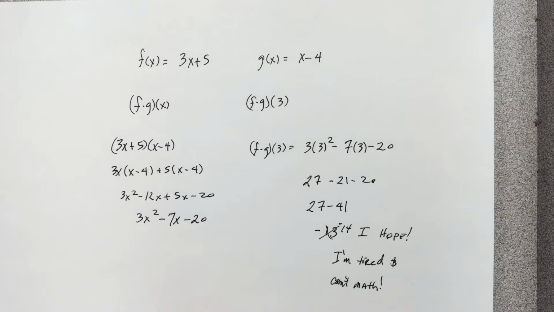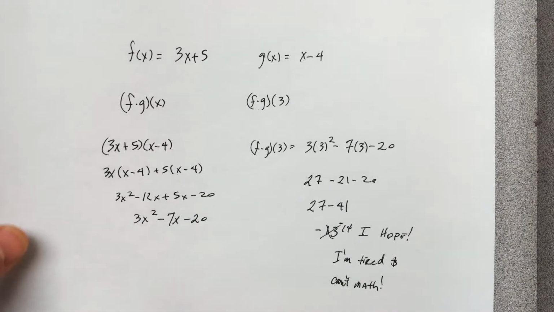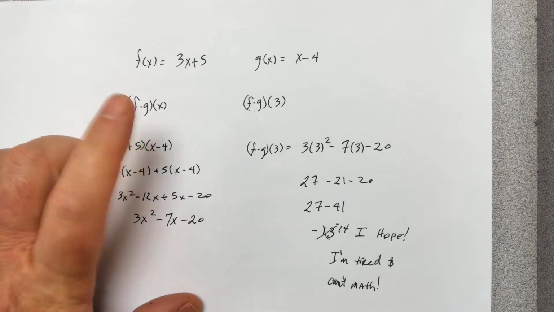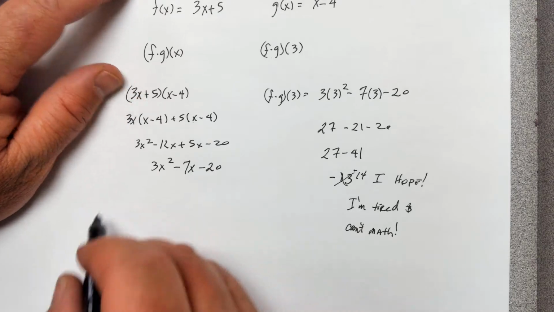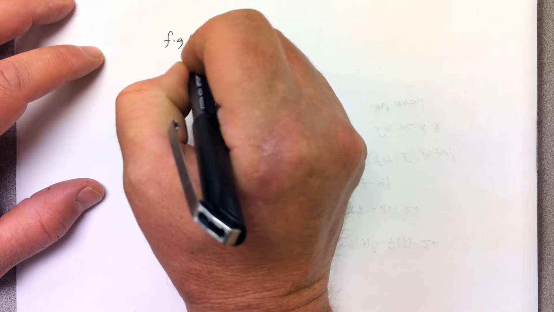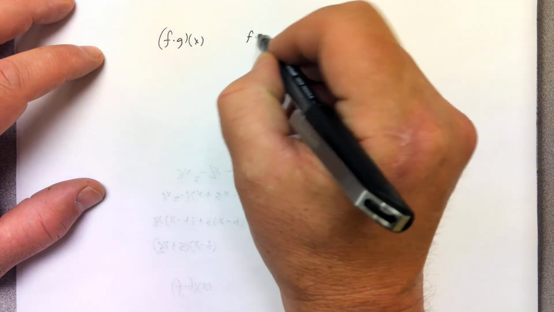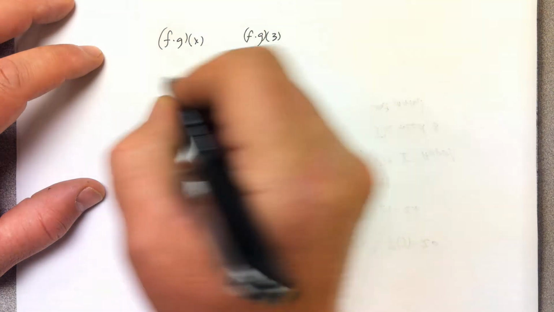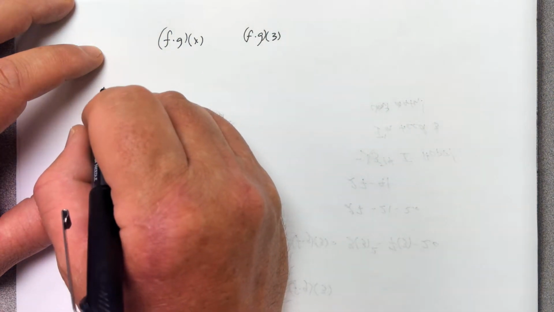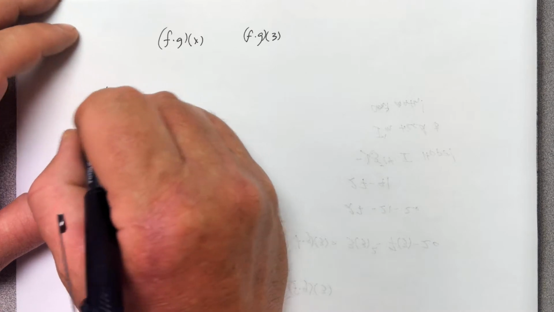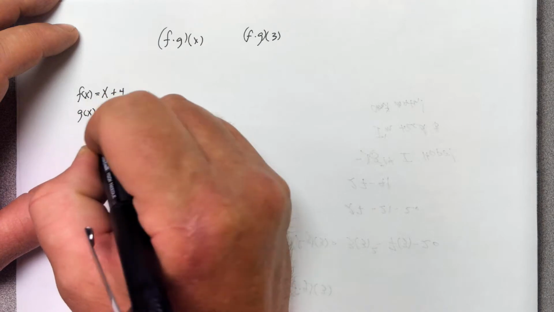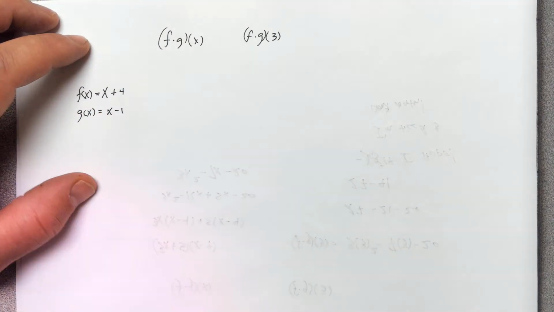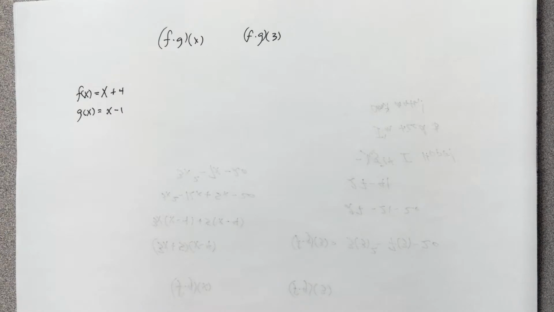Let's try one from the book. Same instructions, okay? These two things right here. I'll just go ahead and do it. And they actually use 3. That's weird. Let's try that one. This one's a little simpler.